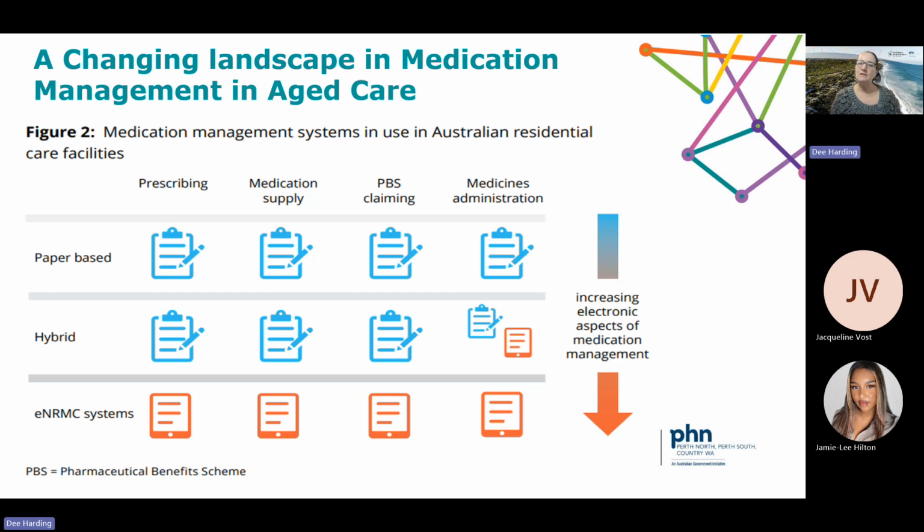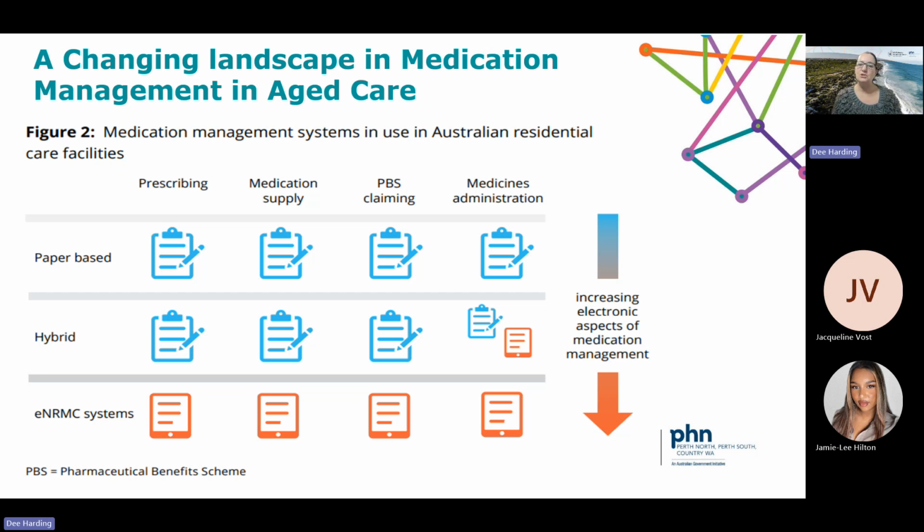Historically, Australian residential care homes have been using one of three different medication management systems: paper-based, hybrid, or completely electronic. In paper-based systems, your prescribing, supplying, and administration processes are all paper-based, using either the eNRMC, which is the non-digital version, the form for completing the medications, or a commercially available medication chart that meets the eNRMC requirements.